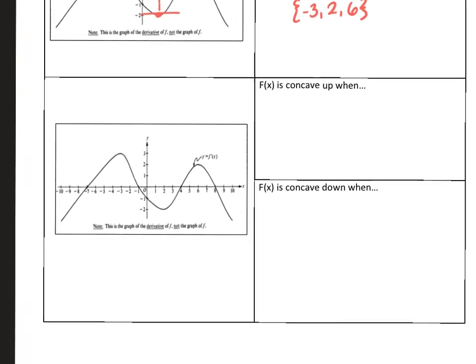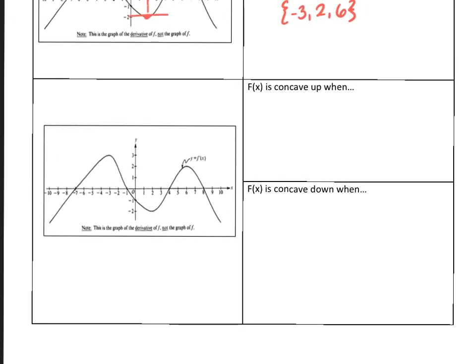Okay, so now the last part is concave up and concave down. So we know a graph is concave up when my second derivative is greater than 0 or positive, and we know my graph is concave down when my second derivative is less than 0. So that would be a normal number line. But remember, when I'm giving you the first derivative, it's all about the slope.